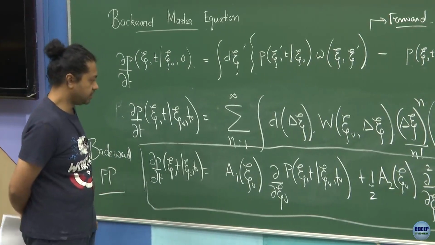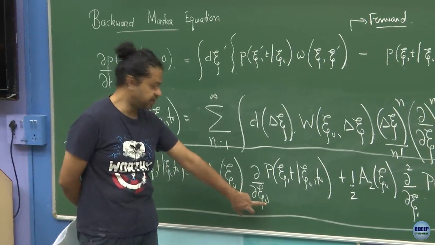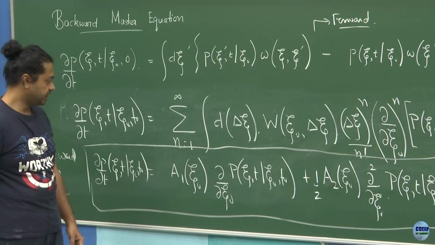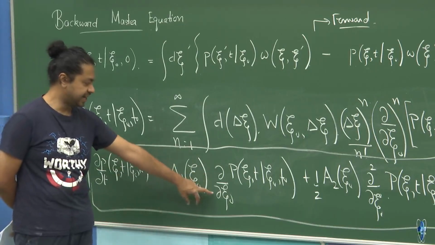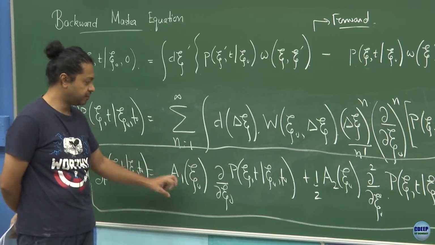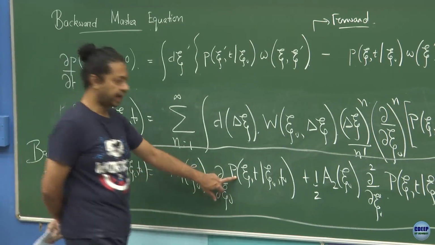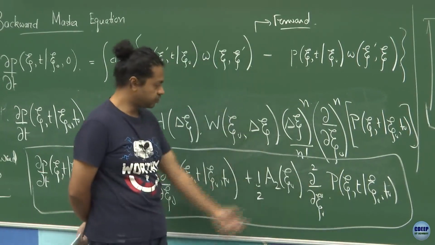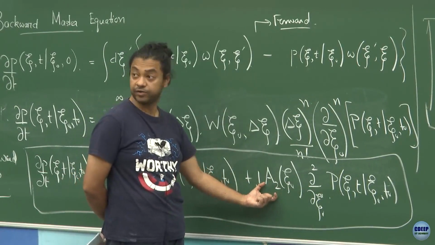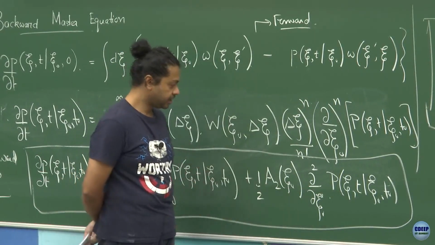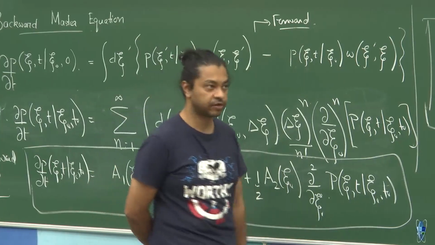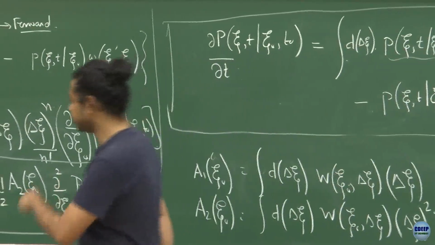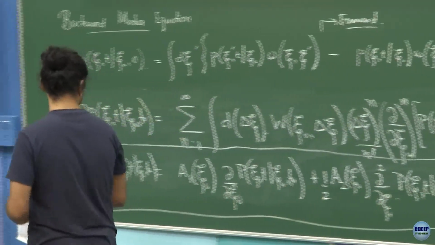Now these variations are with respect to the initial state. There, the variations were with respect to the final state. There, it was ∂ξ of A1 times P and ∂²/∂ξ² of A2 times P. Here, these coefficients have come outside the derivative, and that makes life simpler in certain contexts. So that's the property that allows us to describe these times using the backward equations more conveniently than the forward equations.